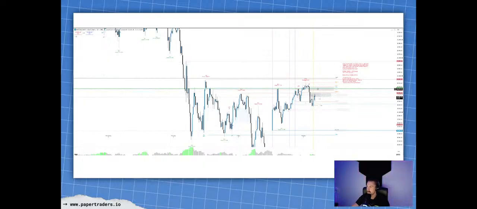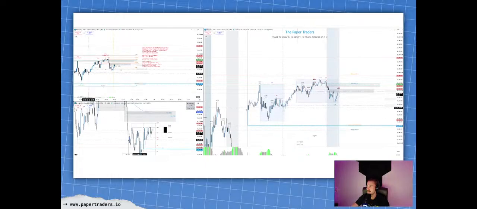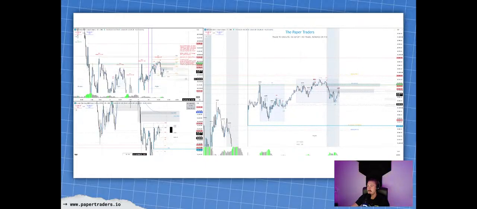Or we can reject this fair value gap around this 12-hour level and continue to the downside. On the 15-minute, we still have some liquidity on the upside that does pose that potential for a continuation. So let's continue to watch and see what price does around this area.